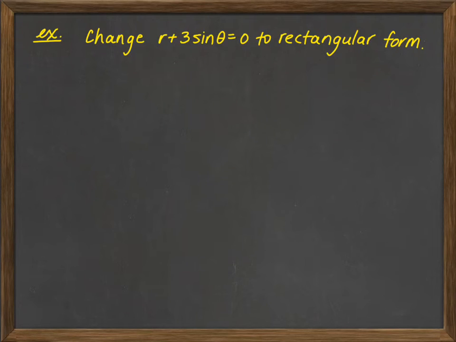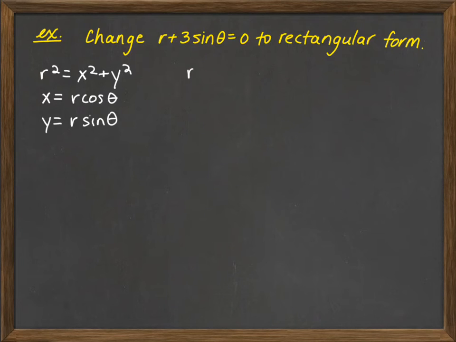So one thing that we're going to need to do here is think of a trick. Let's just rewrite the equation, and some relationships. Once again, we have r squared equals x squared plus y squared. We've got x equals r cosine theta, and y equals r sine of theta.